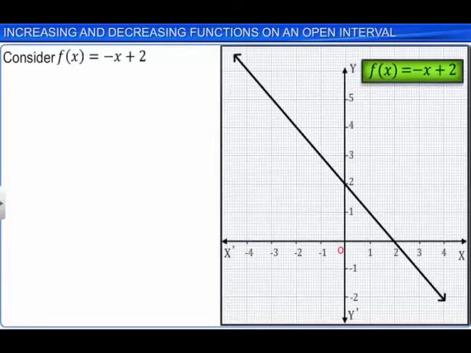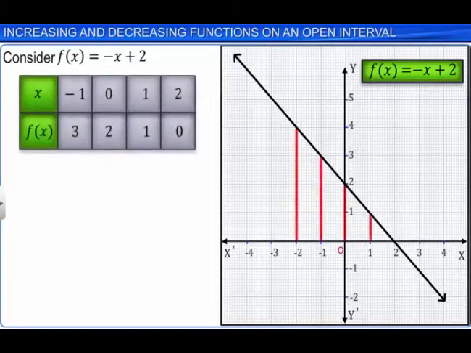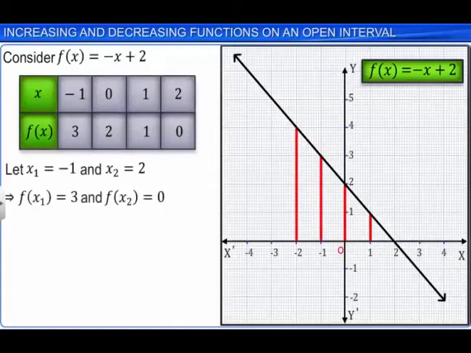Now, consider the function f of x is equal to minus x plus 2. The graph of the function is as shown. Observe that as the value of x increases from minus 1 to 2, the value of f of x decreases from 3 to 0.